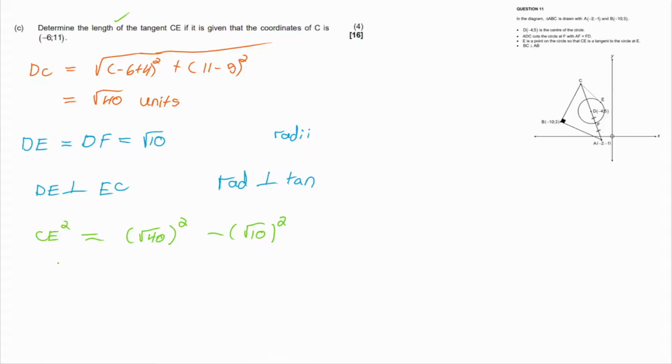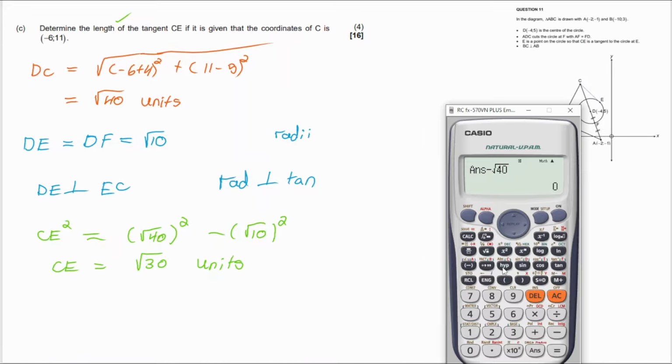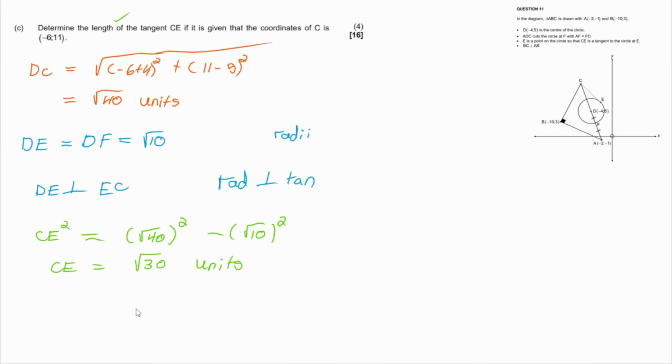So I get CE is equal to the square root of 30 units. I could check in the calculator if that simplifies. It doesn't simplify, but even if it did, it's not the end of the world. You can just leave your answer like this. So there we have it. That was that question.